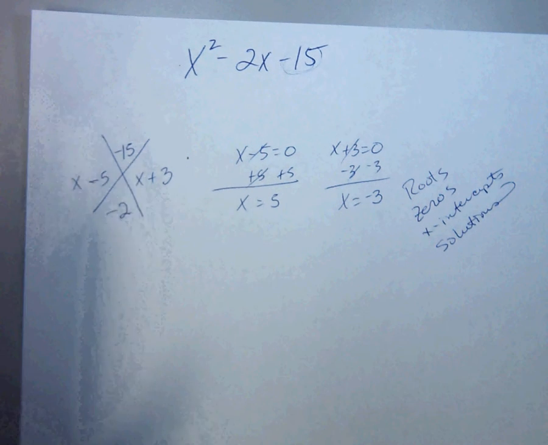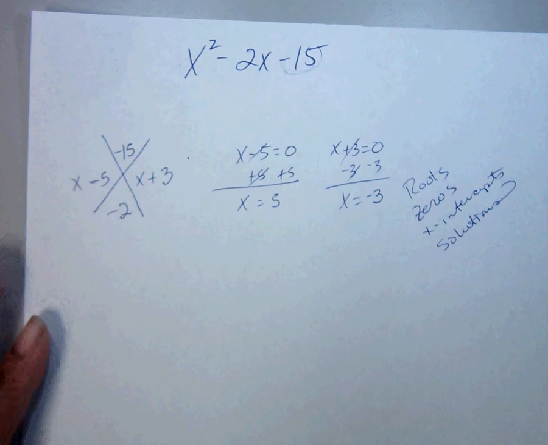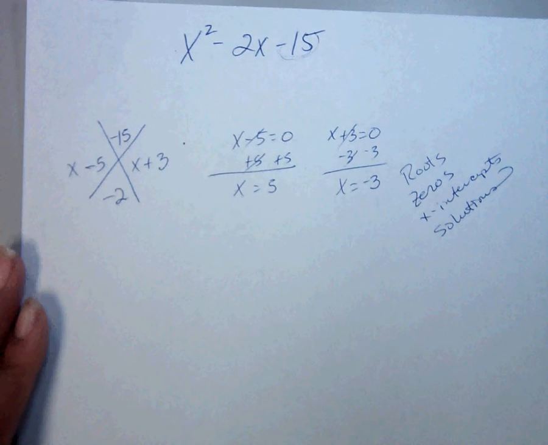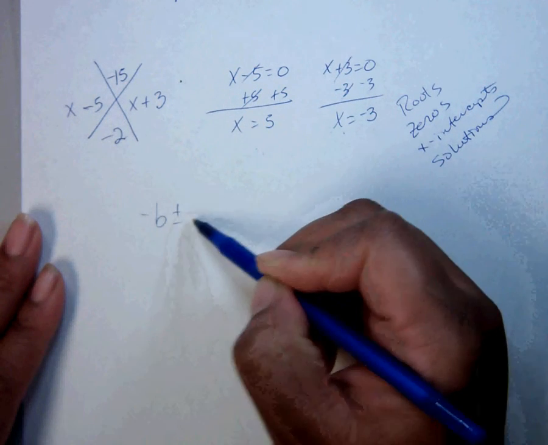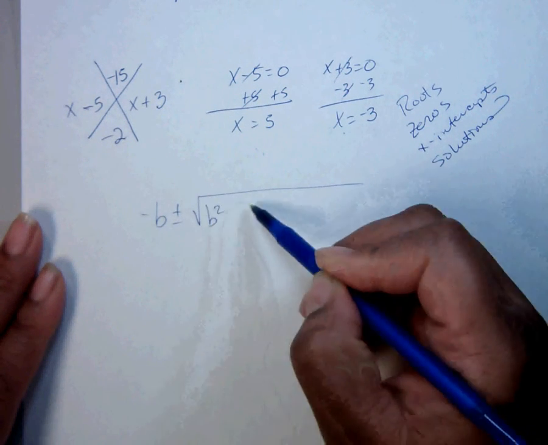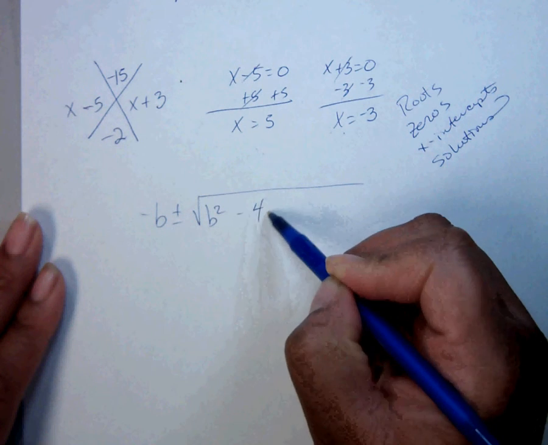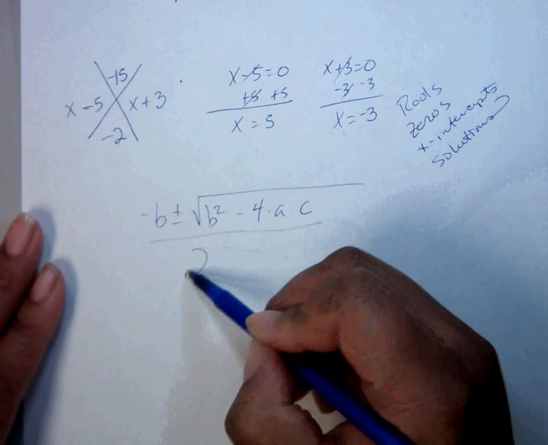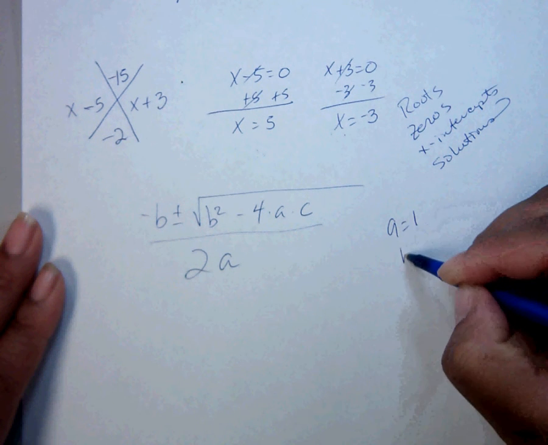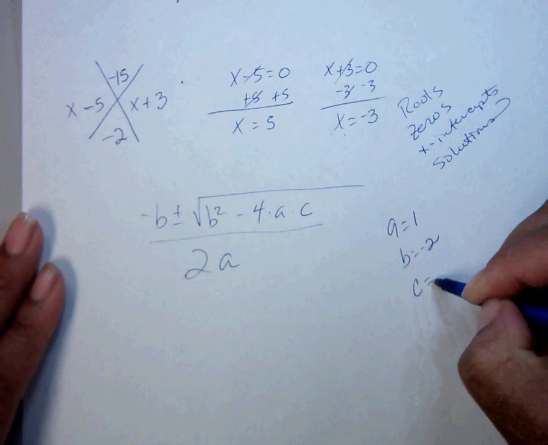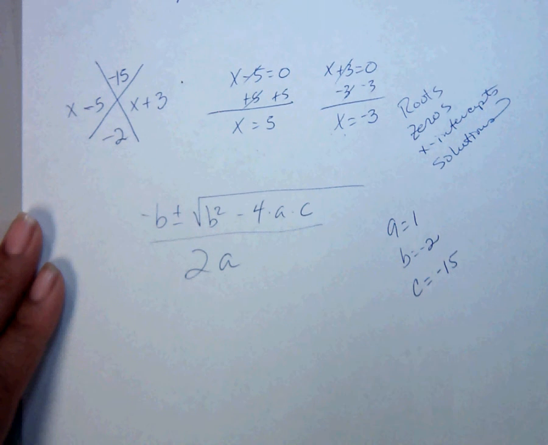Okay? Now we're going to do the quadratic formula and see if these are right. So negative b plus or minus the square root of b squared minus 4 times a times c all over 2 times a. And a is 1, b is negative 2, c is negative 15.